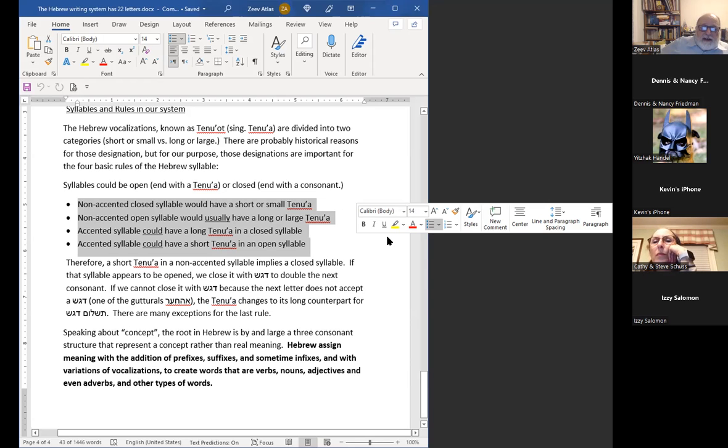Shovar, the var, is not a good example because it is accented, so let's leave it alone, but melech: the lamed chaf syllable has tnuah ktana, segol. And this rule may have exceptions, but they are few and far between.